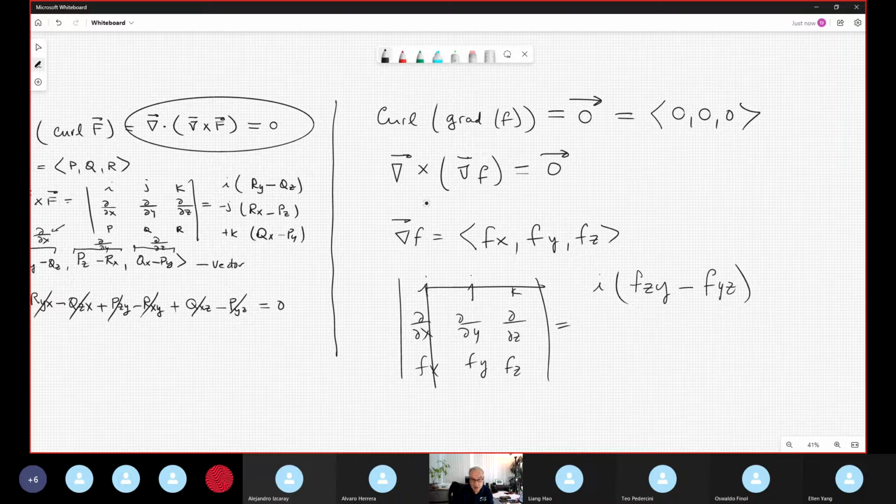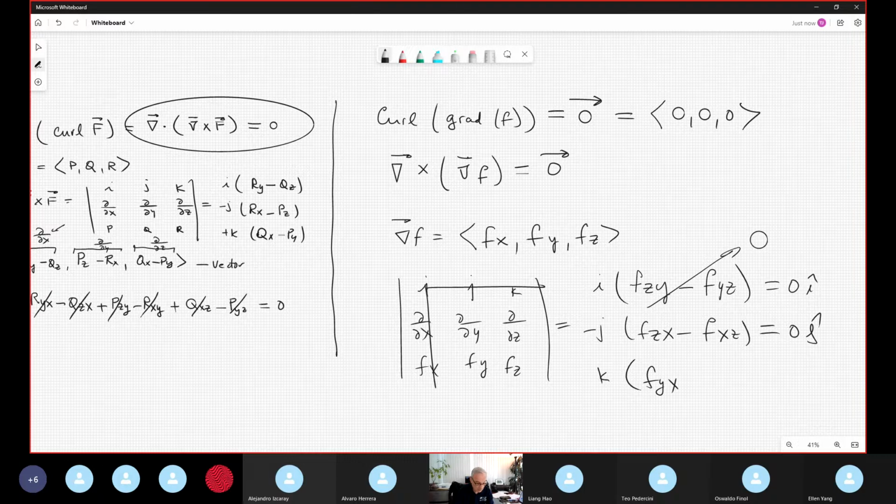Look at it: you differentiate with respect to y first, and now with respect to z, and you know this is the same. So this is 0. Wow, it's gone: 0i. And likewise, you can verify minus j (f_zx minus f_xz) is 0j. Exactly the same with f_yx minus f_xy: 0k.